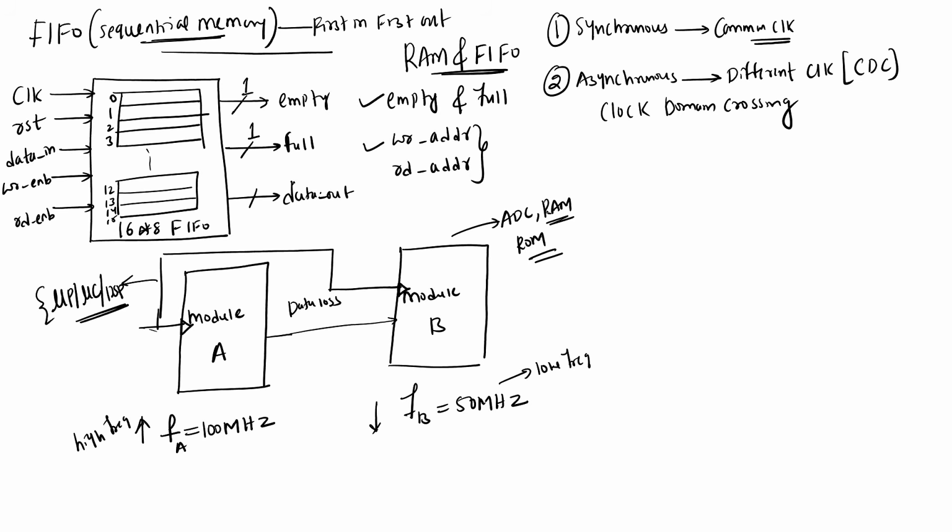There is some data loss. In order to avoid that data loss, we need to keep the FIFO in between module A and module B, such that the FIFO will hold the data for some amount of time, like a buffer. After some time, the data will be passed to module B. Is it fine? Did you understand?